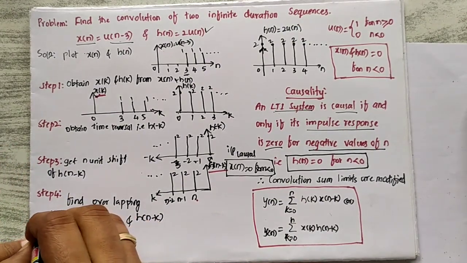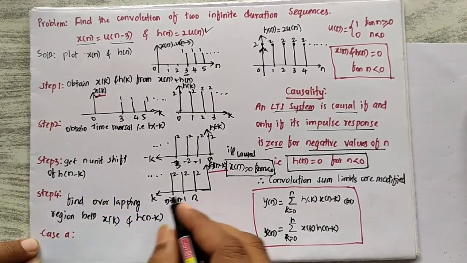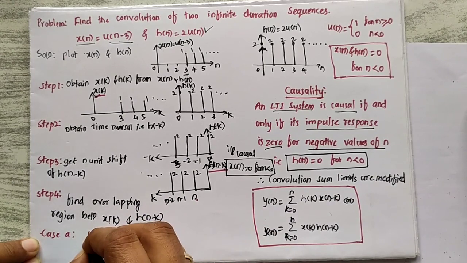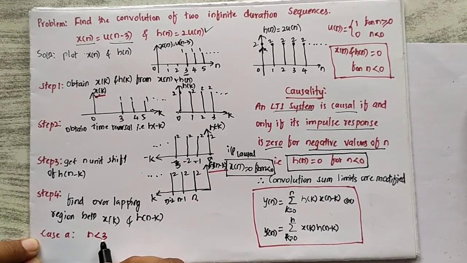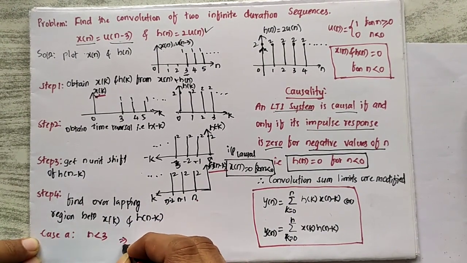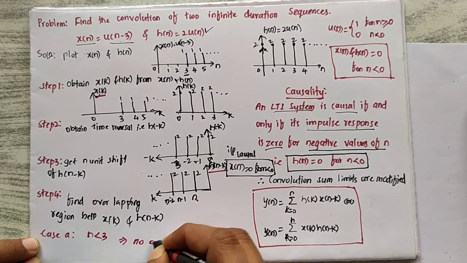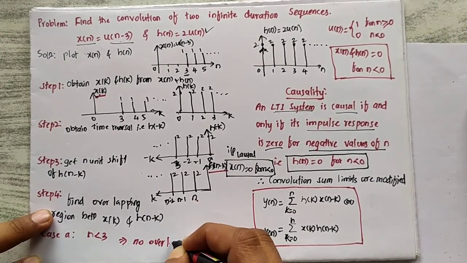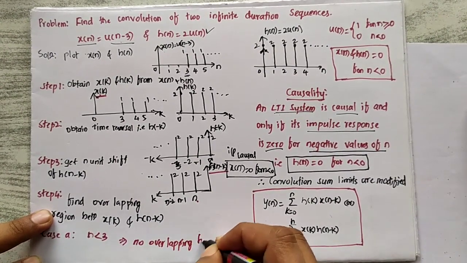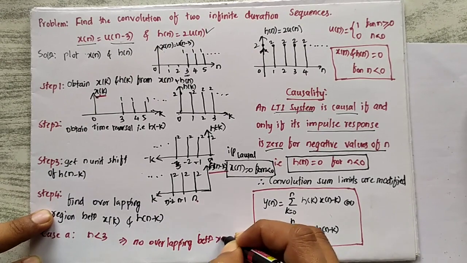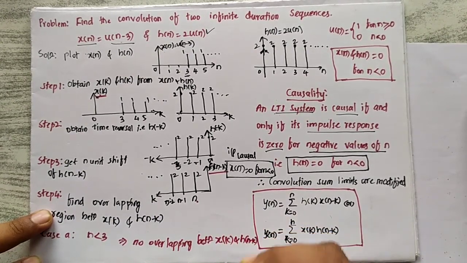Okay, so I can write here case A for n less than 3. So if n is less than 3, what will be the condition? There will not be any overlapping between x of k and h of n minus k.